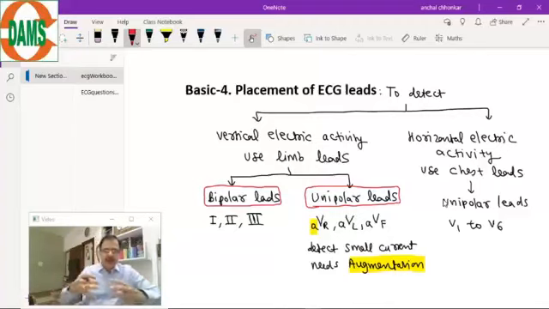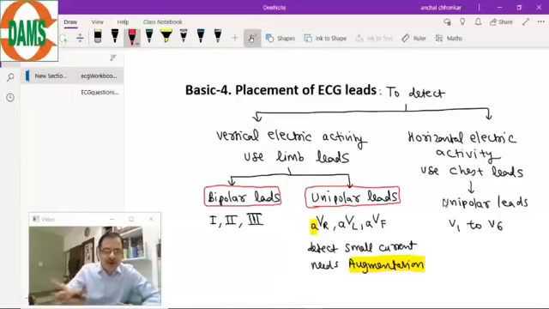used. And because they are far away from the heart, they detect very small current, they deflect very little. Therefore, the machine automatically augments that fluctuation.